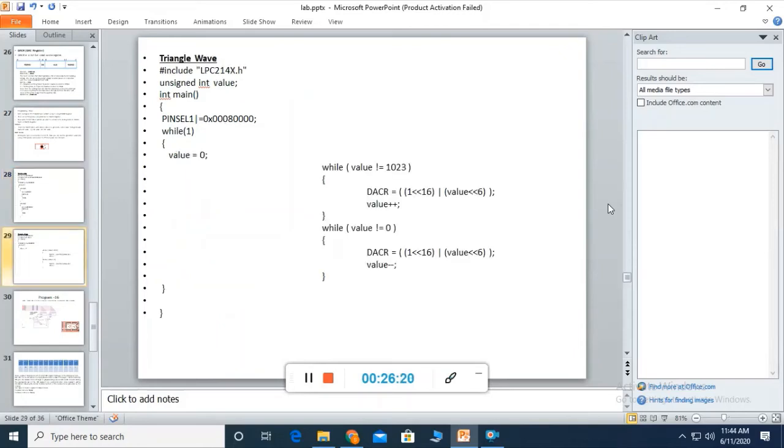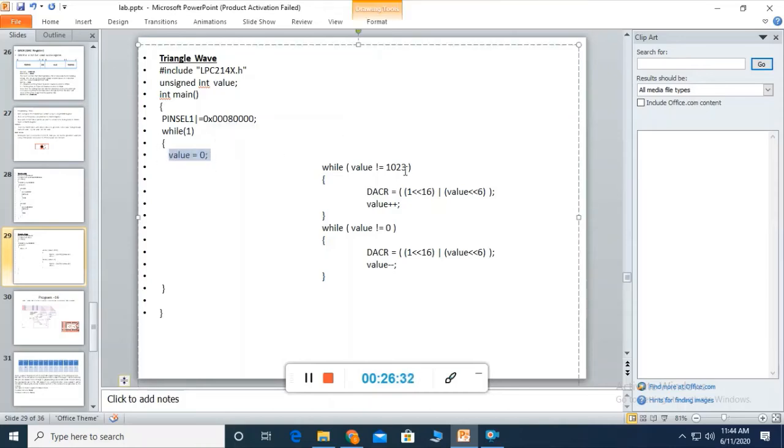And again, to generate a triangular wave, we need to linearly increase from 0 to a maximum value with some small increment. So we start with the value 0 and go on incrementing it by a value of 6, such that it reaches 1023.